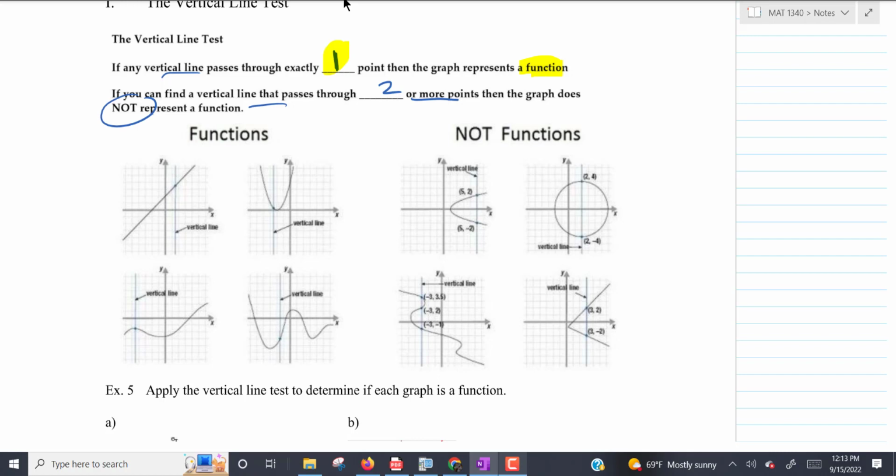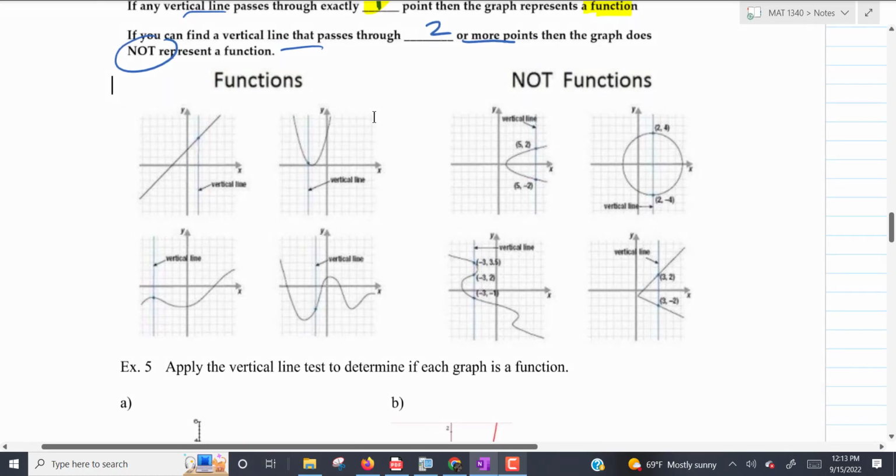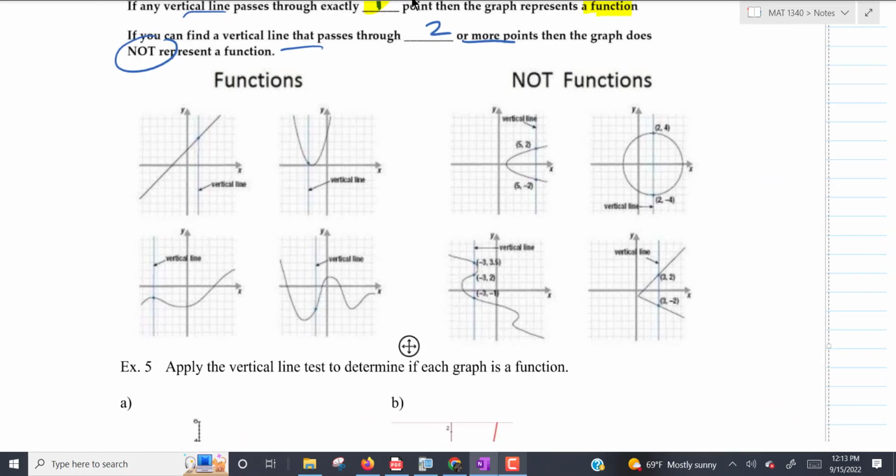Students have no problem doing this. A lot of times I can't tell if they really understand it or not. But the idea is, these are all functions. If I take vertical lines, no matter where I draw the vertical line, it only goes through 1 point of that function. It doesn't go through more than 1 point. So that would be a function.